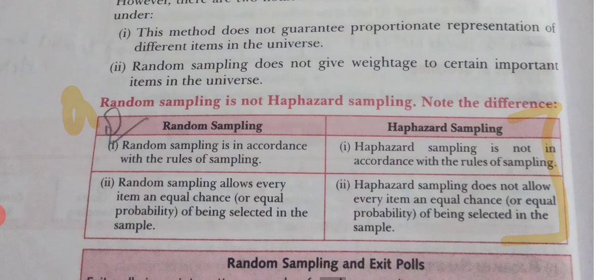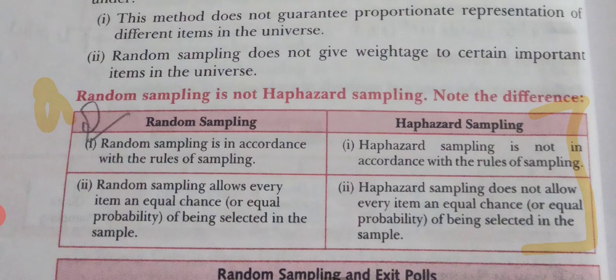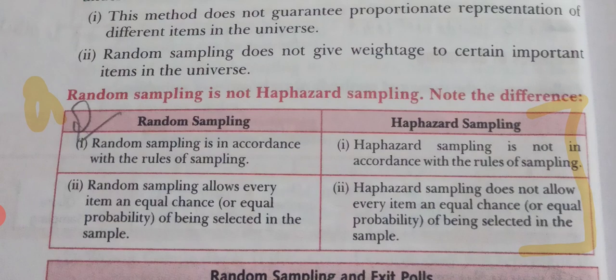Next, what is the difference between random sampling and haphazard sampling? What is haphazard sampling? It is sampling which is not organized or planned, that is, unorganized and unplanned sampling. So random sampling follows some rules of sampling, like the lottery method and the Tippett table method, but haphazard sampling does not follow any rule or way.